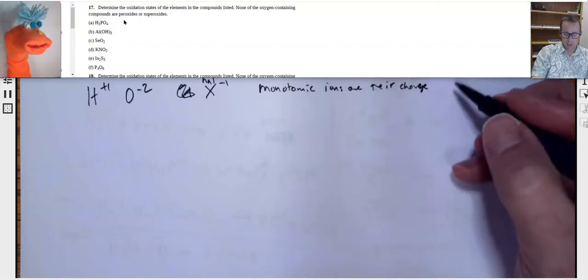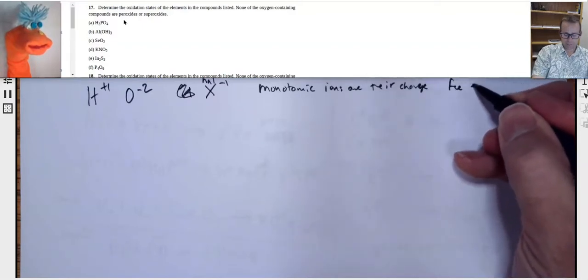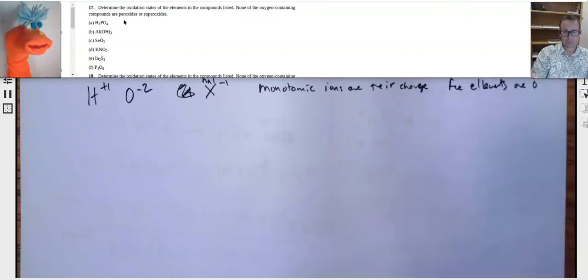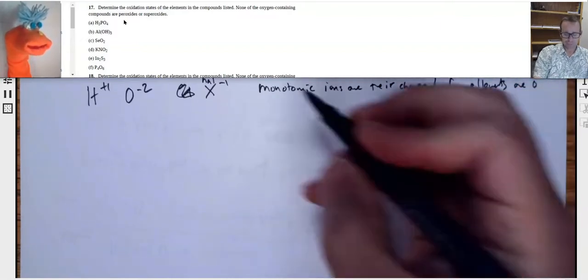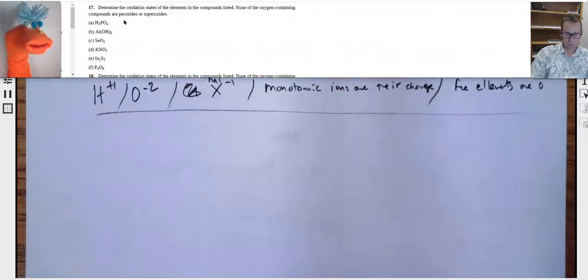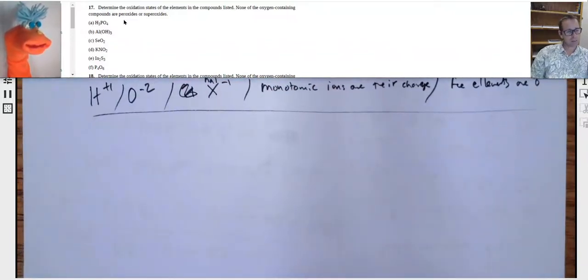Free elements are 0. I think those rules will generally help get us there. The sum of all the oxidation numbers has to add up to whatever the charge is on the species.